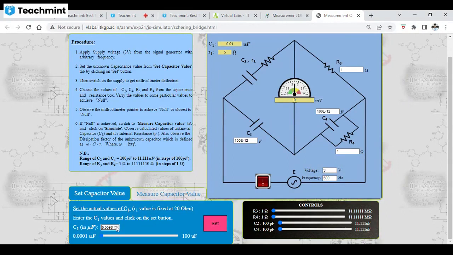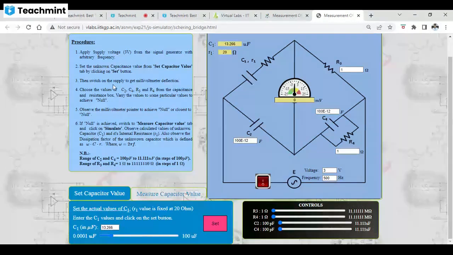So suppose this is, here we set the value of 13.22 microfarad.